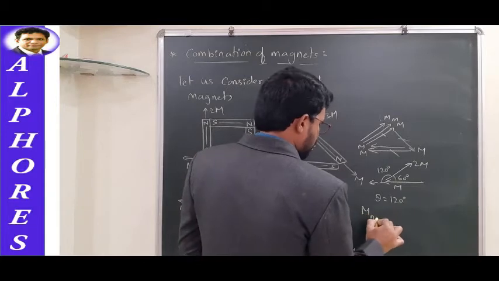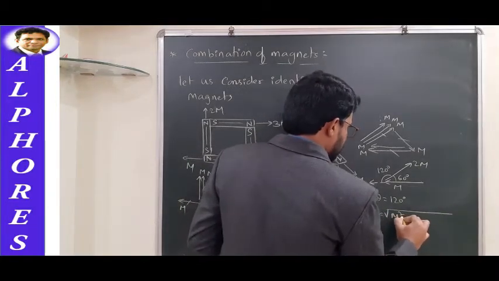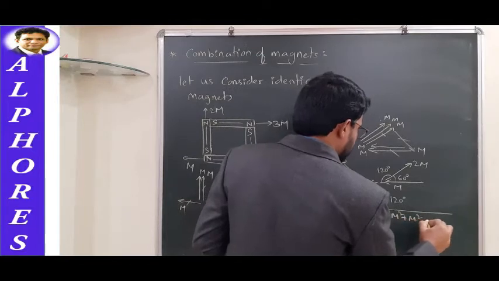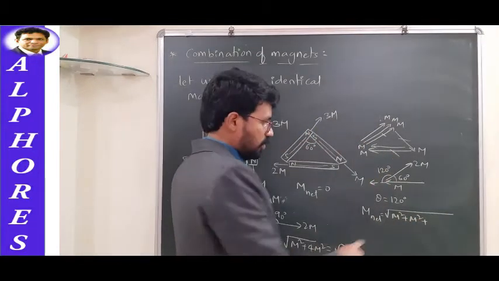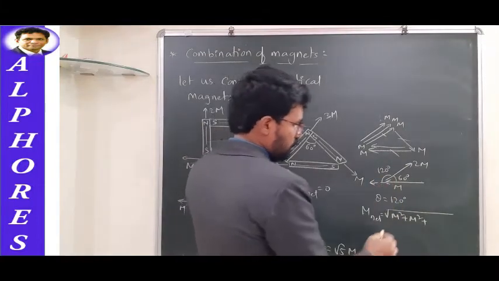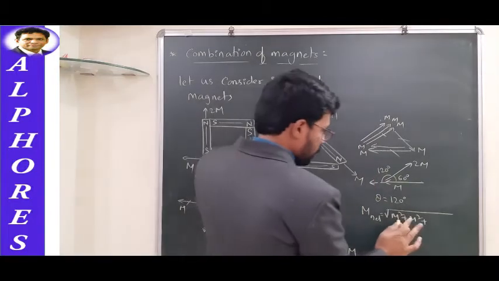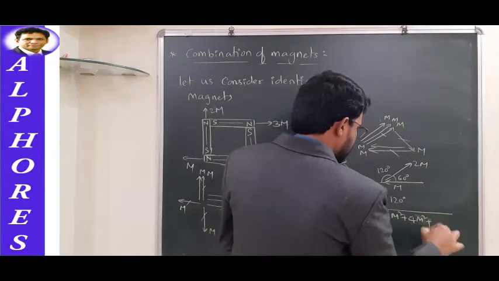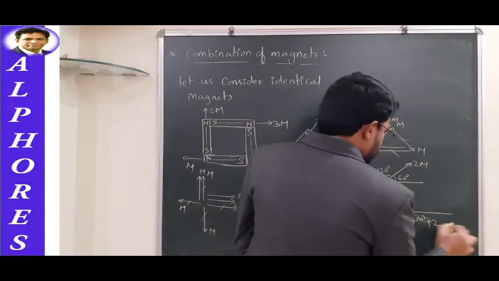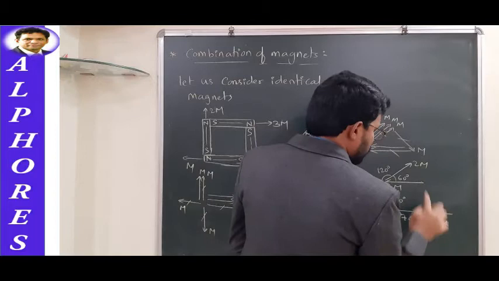Therefore, m net is equal to under root m1 square plus m2 square plus 2m1 m2 cos theta. So m1 m2 both are same here. Okay, here it is 2m. Okay, you have to replace with 2m square. 2m square is what? 4m square plus 2 into m1 is m, m2 is 2m.